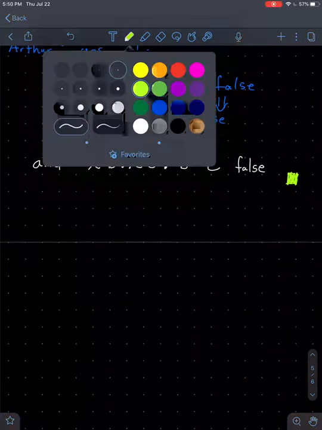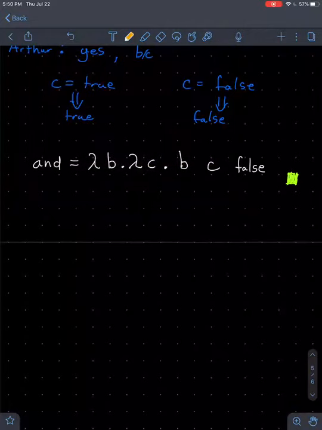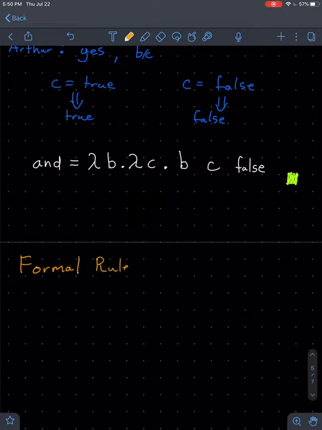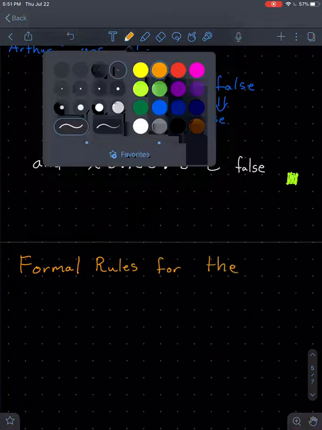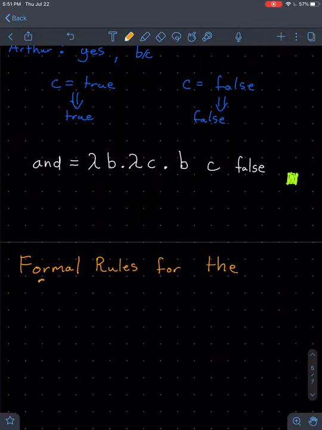So good work on and. Definitely a tricky thing to get right. So good job as a class coming to that answer. But let's talk about the formal rules for the Lambda calculus.